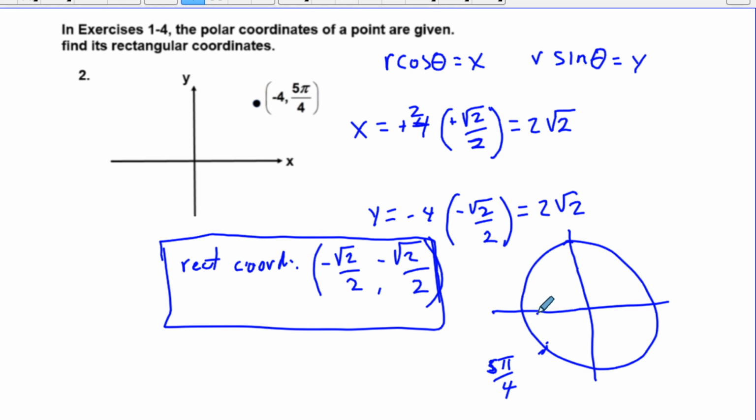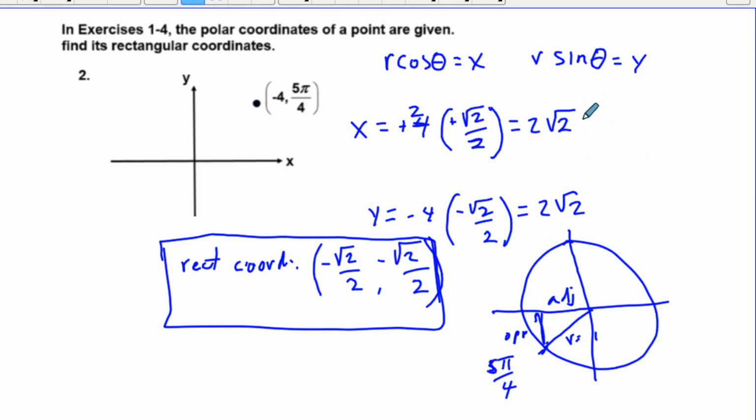What you have here is the radius in the unit circle, so r is equal to 1, right? And so your cosine is your x value, or this would be your adjacent side, and this down here would be your opposite side.